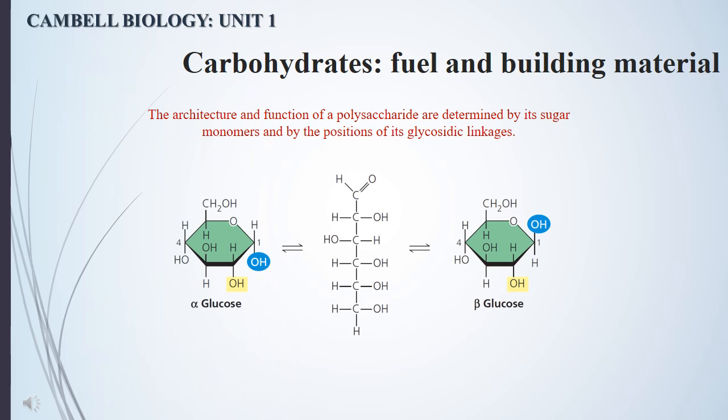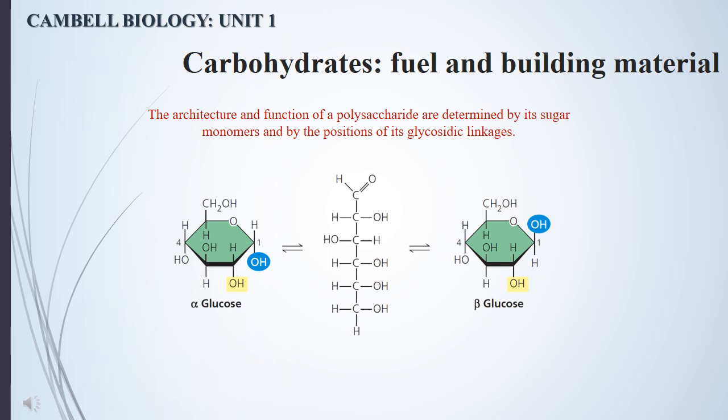Now, we have stated already that the architecture and function of polysaccharides are determined by the sugar monomer and by the position of the glycosidic linkage. So here's a visual example of alpha glucose and beta glucose.